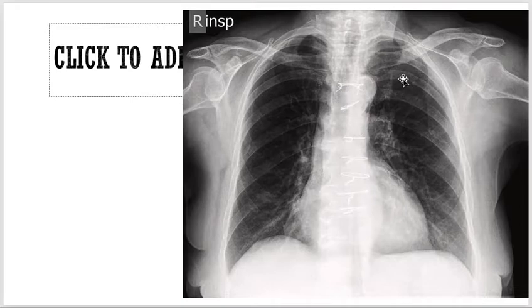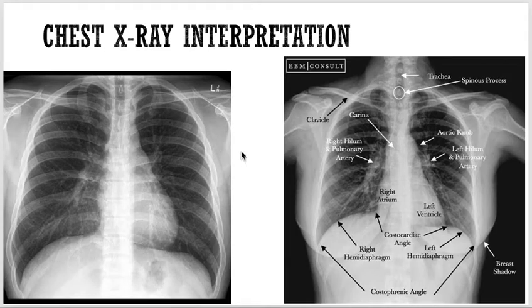Sometimes there are pacemakers, which are man-made. Sometimes you can see the heart walls if they are metallic. You can also assess the outline of the aorta. This is the aortic knob. Inferior vena cava and superior vena cava can be assessed as well.